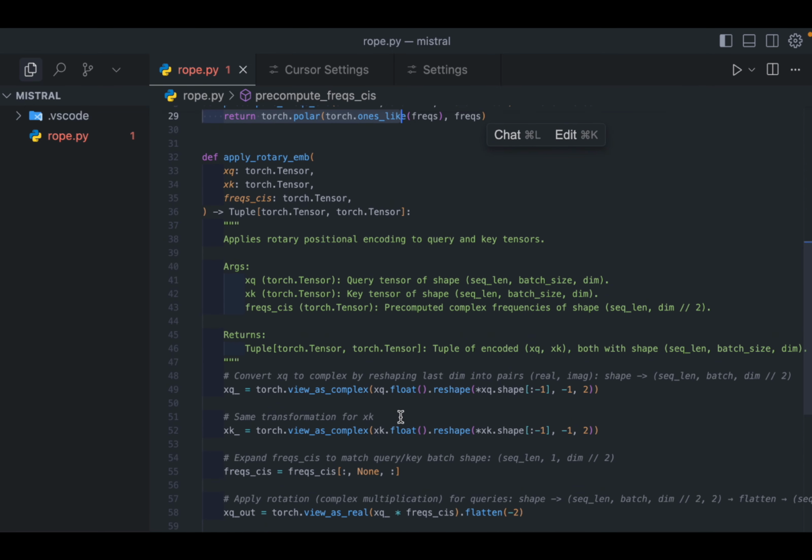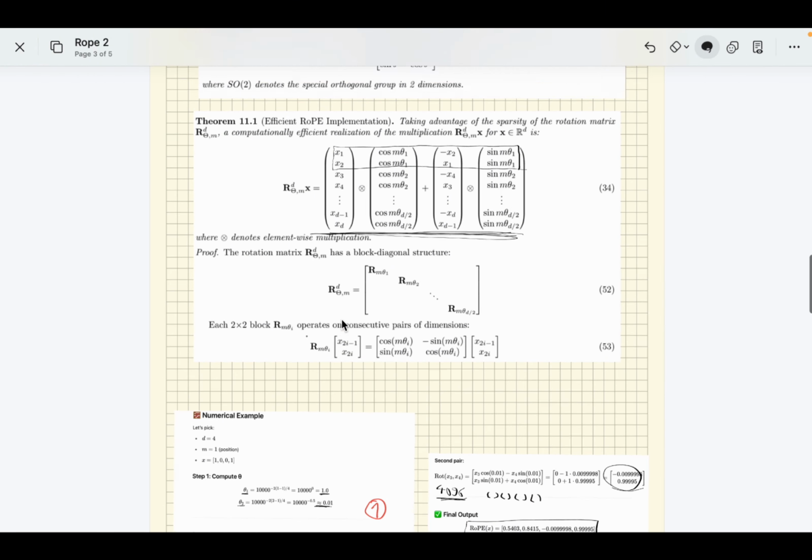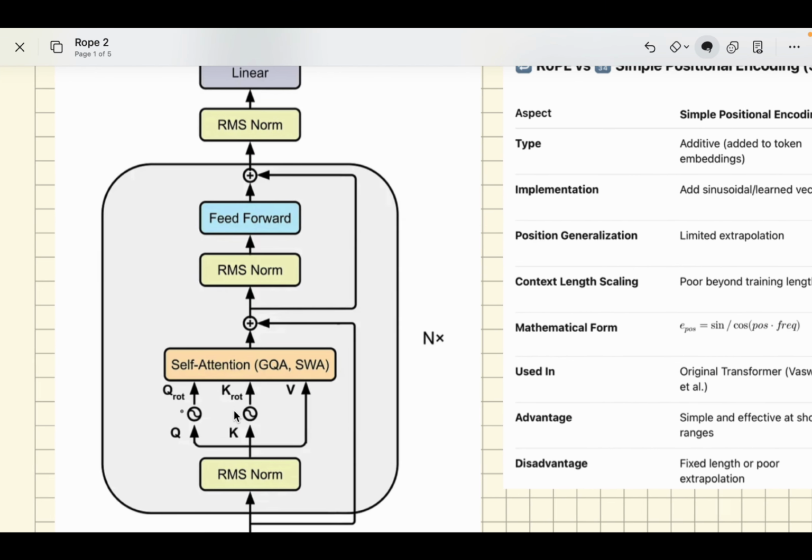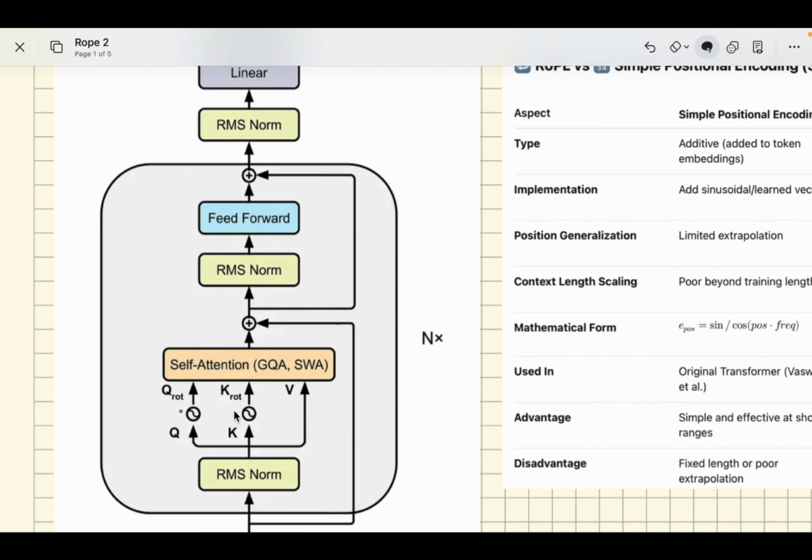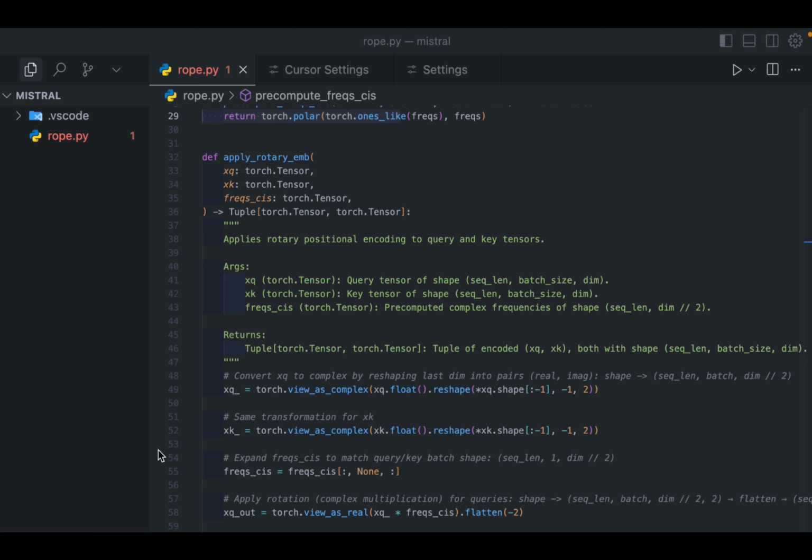Next we apply them. If you remember from the architecture, we need to apply RoPE to K and Q. So as input to apply rotary embedding, we have the query and key tensors, and at the same time the frequencies.